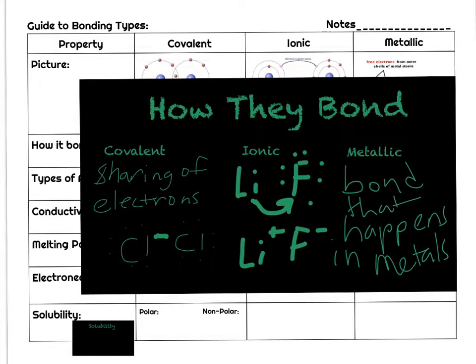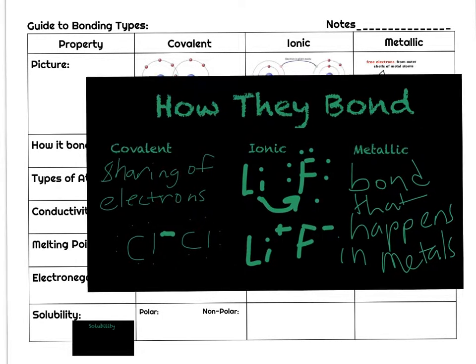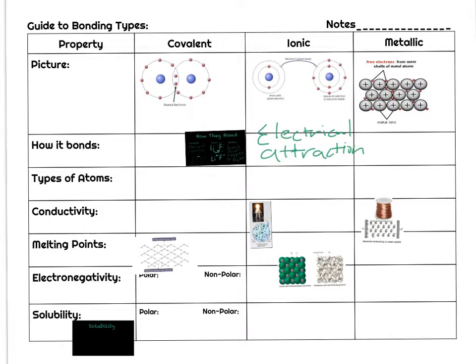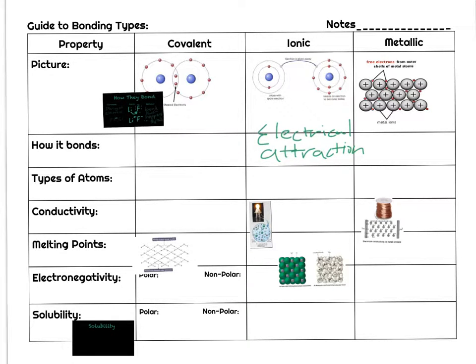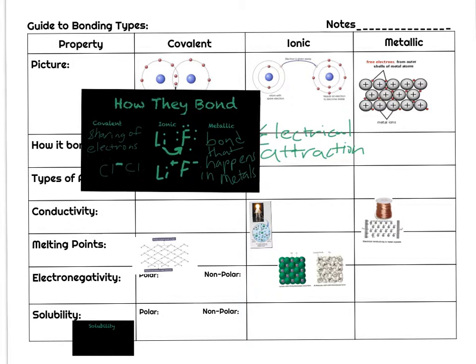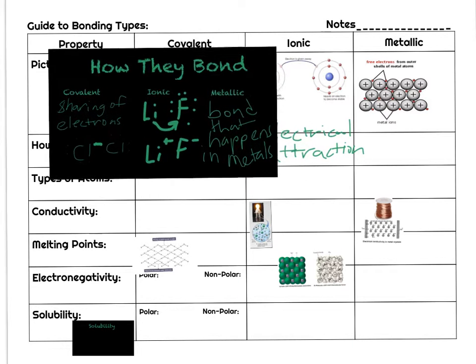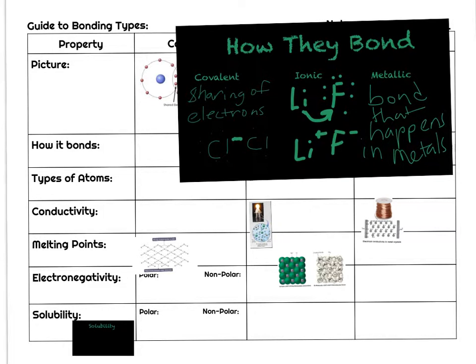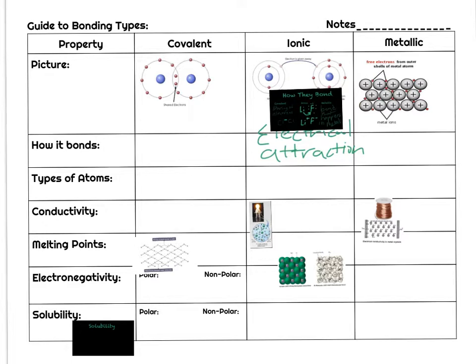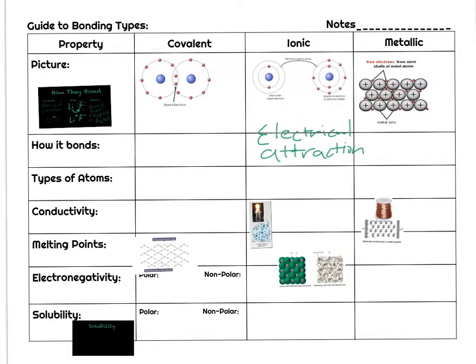So essentially it's only going to happen in metals, like it happens in gold, it happens in copper, and it's where a pure metal essentially is bonding to itself. Okay, so those are how they bond. So once again, right here you should have sharing of electrons, and over here by metallic bonds you should have bond that happens in metals. So that's why I'm kind of blowing that up so it's easier for us to see that.